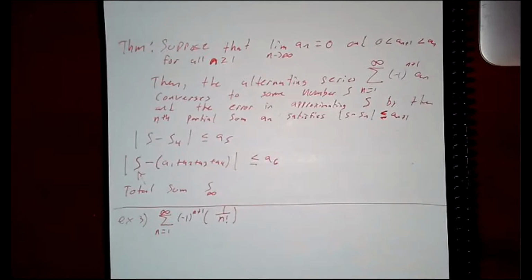For this one, what we're going to do is approximate the sum by the 6th partial sum and then estimate the error. In order to do so, we need to first check if it's converging, right? If it doesn't converge, that wouldn't make any sense. So let's check real quick.